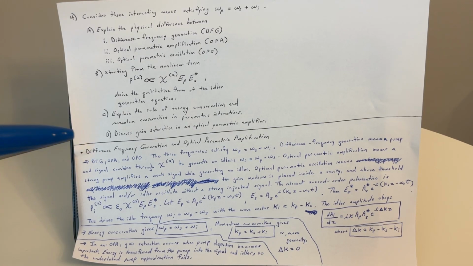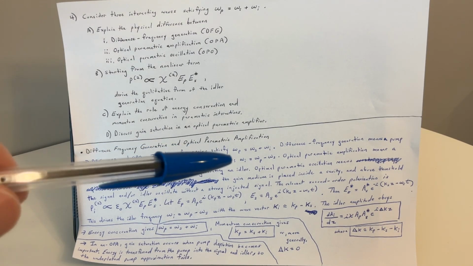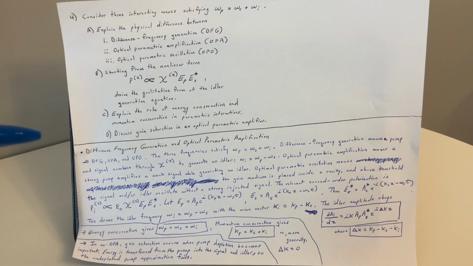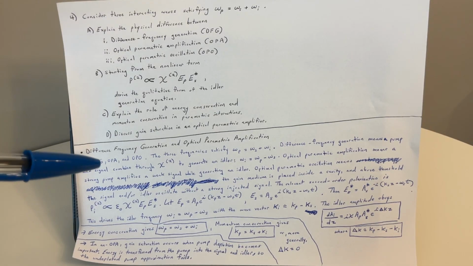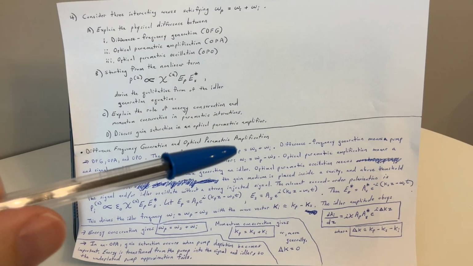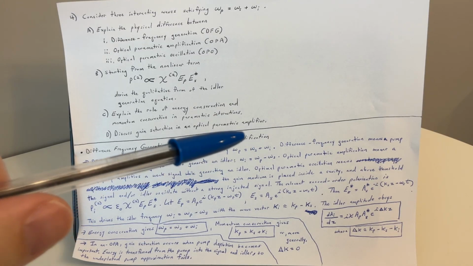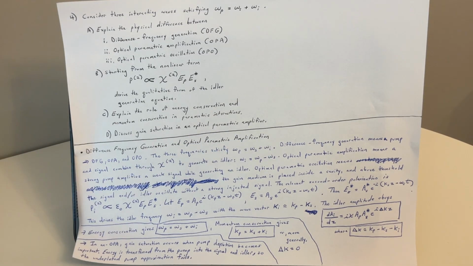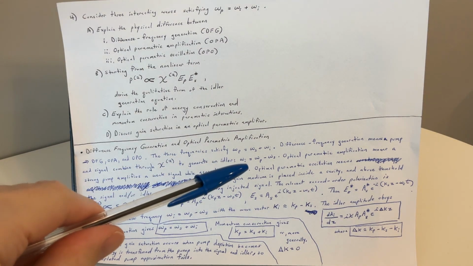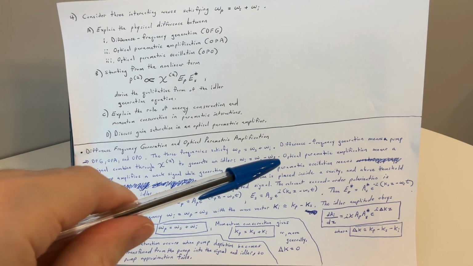So this is a difference frequency generation and optical parametric amplification problem. So going through it here, DFG, OPA, and OPO, the 3 frequencies satisfy that ω_p equals ω_s plus ω_i. Difference frequency generation means a pump and signal combine through that χ second order to generate an idler, that ω_i equals ω_p minus ω_s.